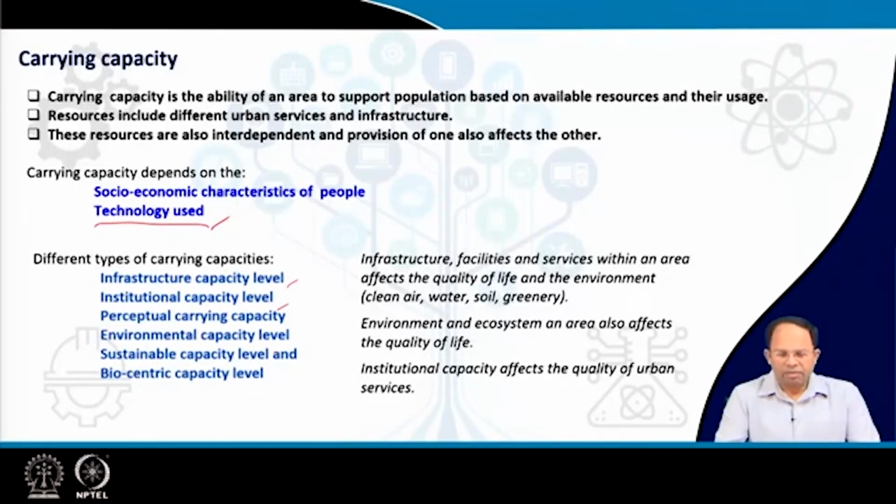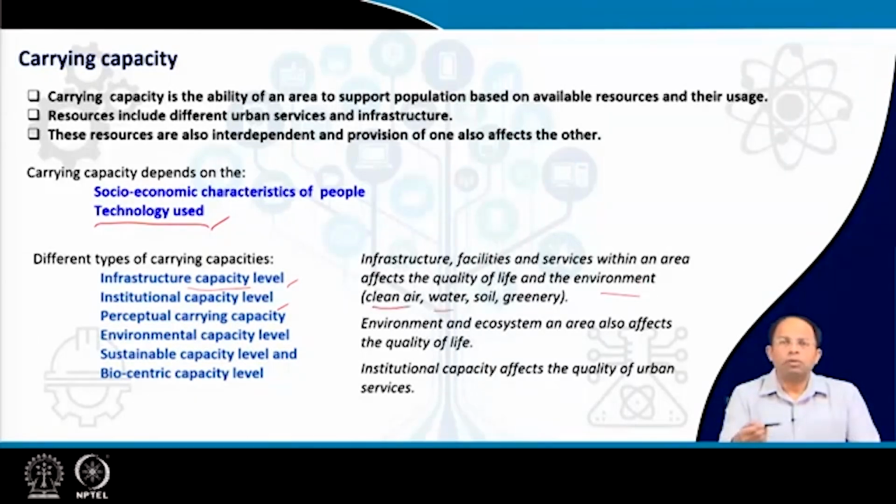Now, for example, if I take infrastructure capacity, you can say that infrastructure facilities and services within an area affect the quality of life and also the environment of that particular area. So for example, if I provide good infrastructure, there would be less pollution, so there would be clean air.